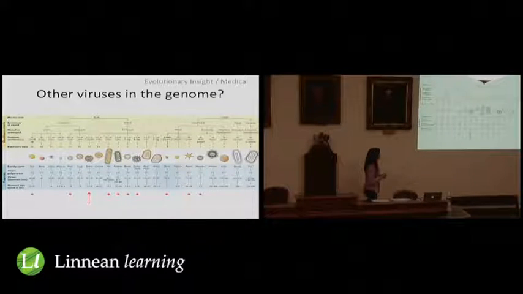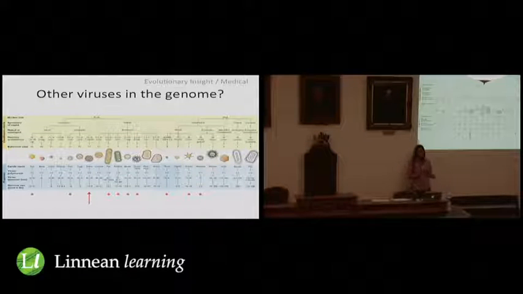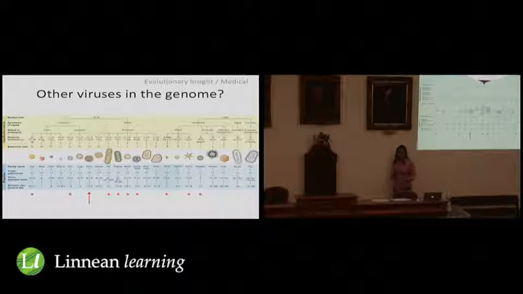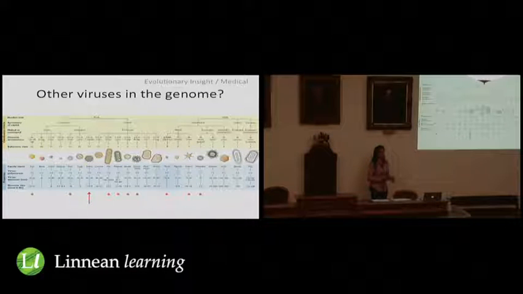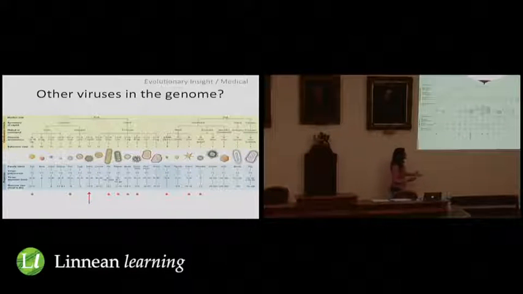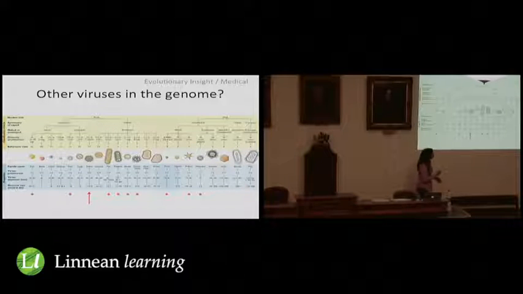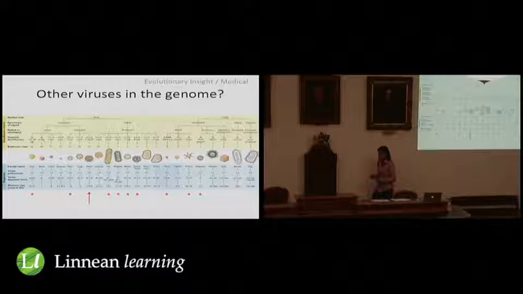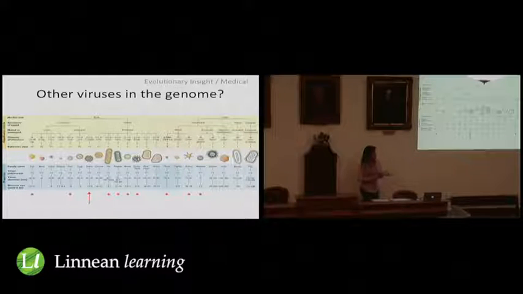So these stars here represent which families have managed to insert into the genomes. We're not quite sure why. In some cases, it's not so obvious. With a retrovirus, we can say that its method of replication requires that it inserts into the genome. So we can easily see why this would happen. But for example, for a DNA virus, we have no reason to think that it ever needs to insert into a genome. So why would it do that?